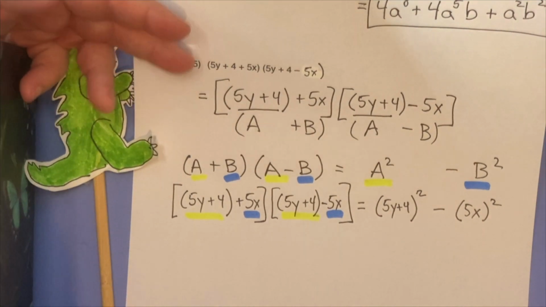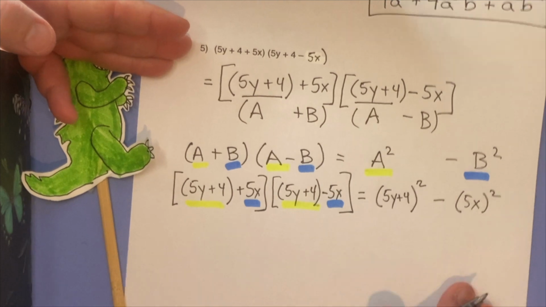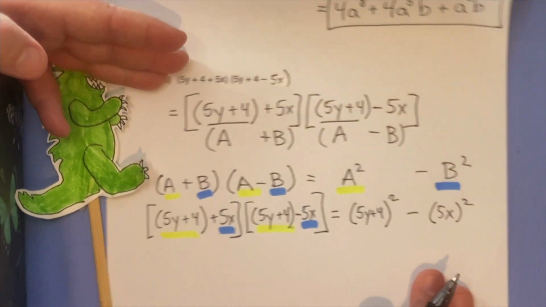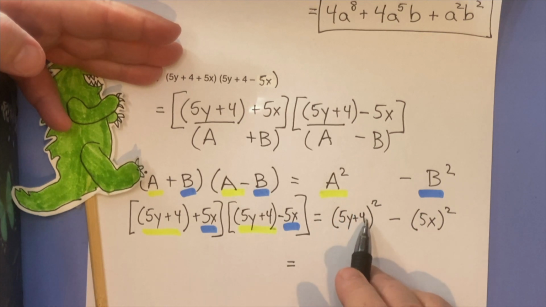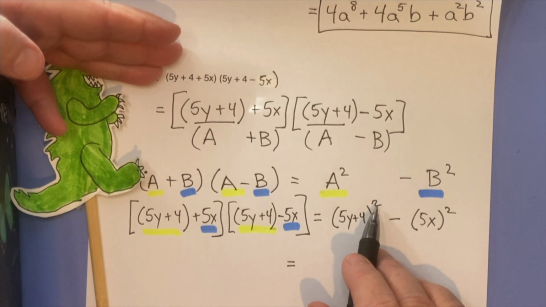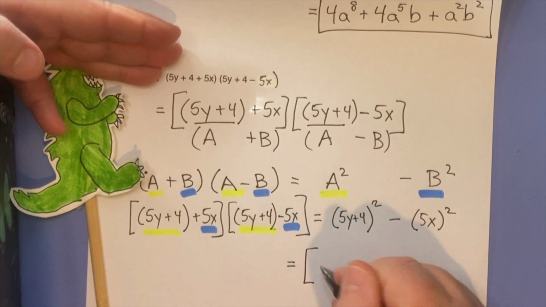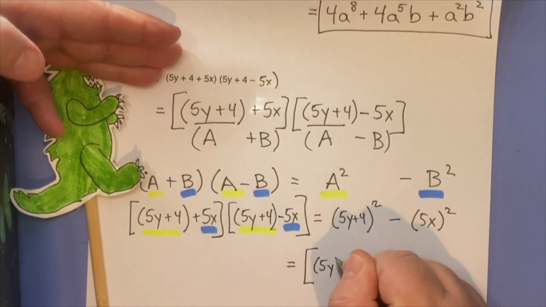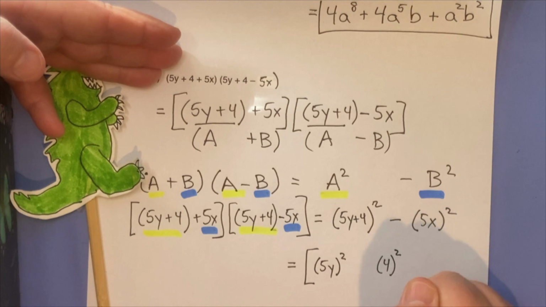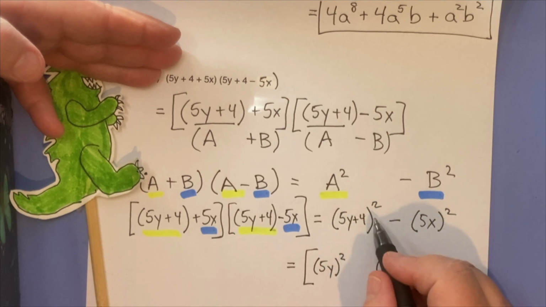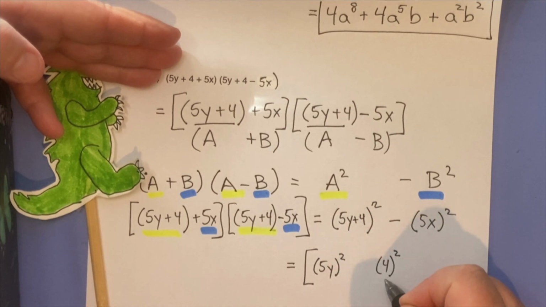Okay, so let me see if I can hold this in place while we work this out. So 5y plus 4, the quantity squared, that's going to give me 5y squared, and then 4 squared, right? The first one squared and the last one squared. And then remember what is in the middle?